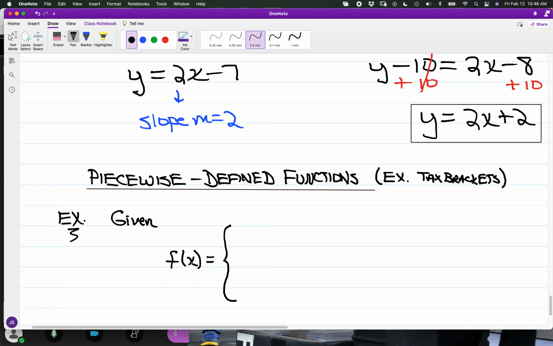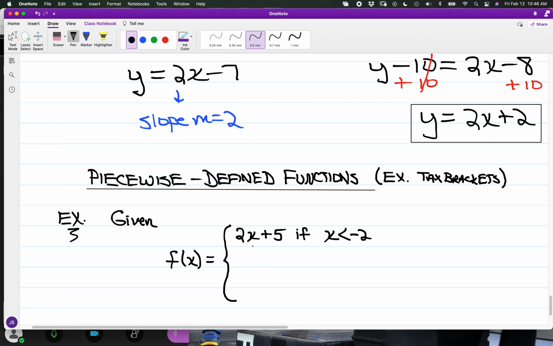So say we are given f of x is equal to 2x plus 5 if x is less than negative 2. So for anything less than negative 2, you're going to apply this part of the function.